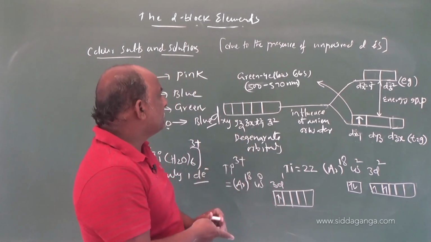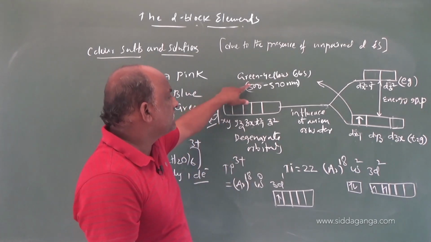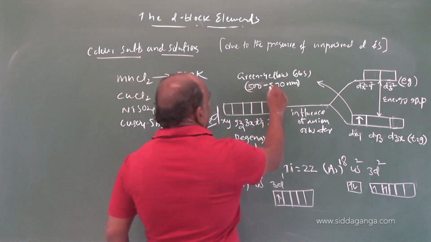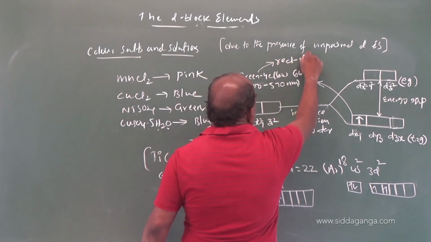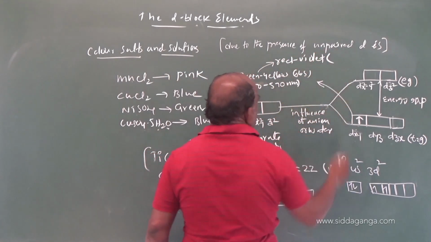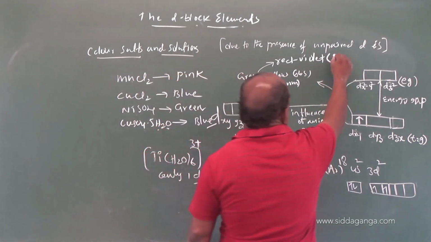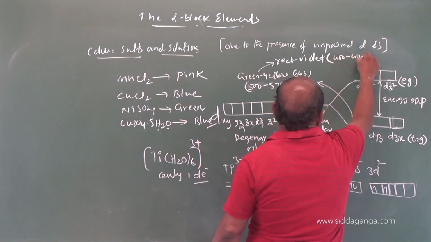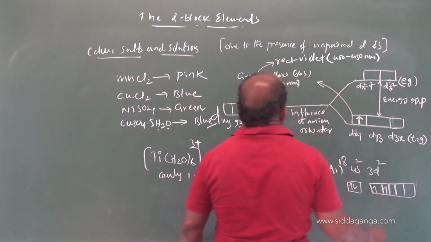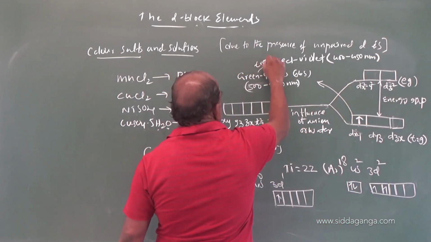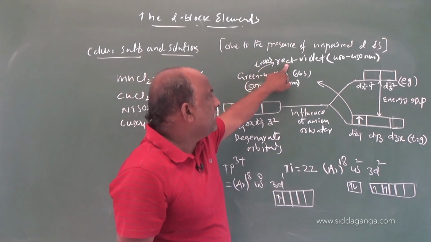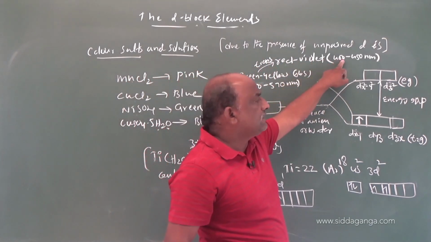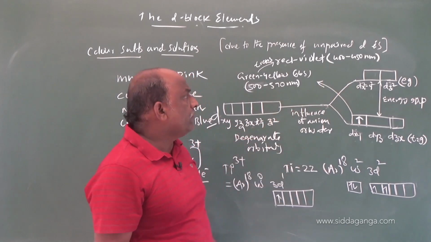And which color is it? It transmits red violet color, nearly 400 to 450 nanometers. Transmission of red violet color, whose wavelength is nearly 400 to 450 nanometers.